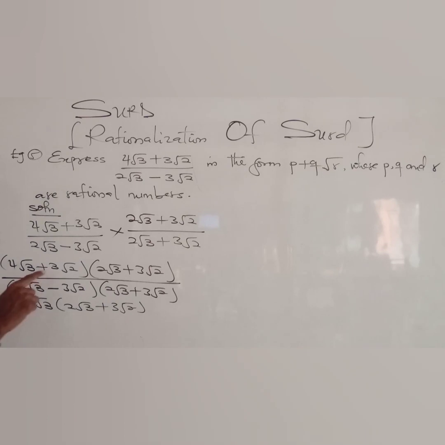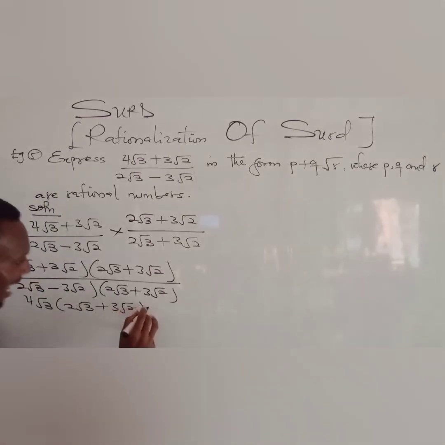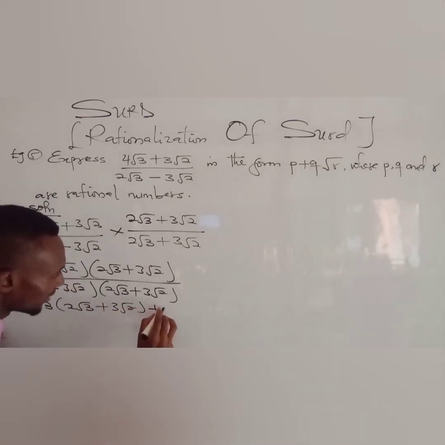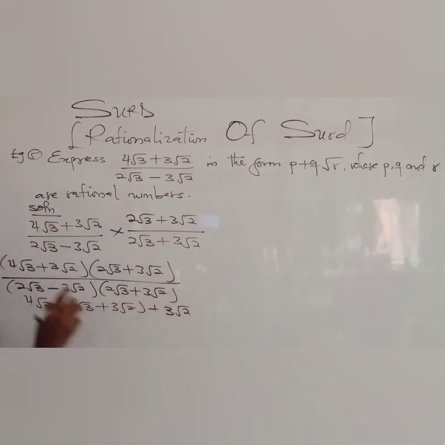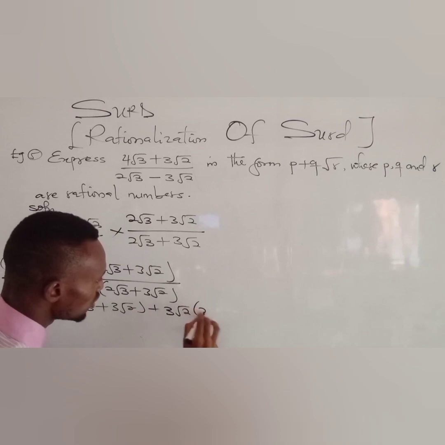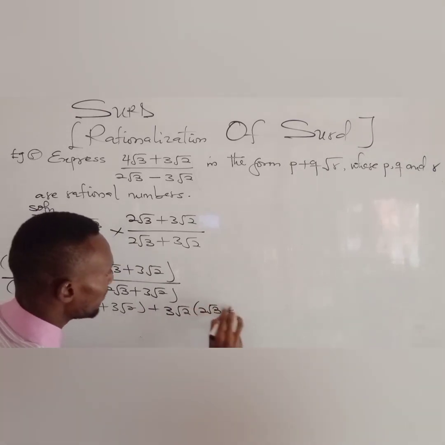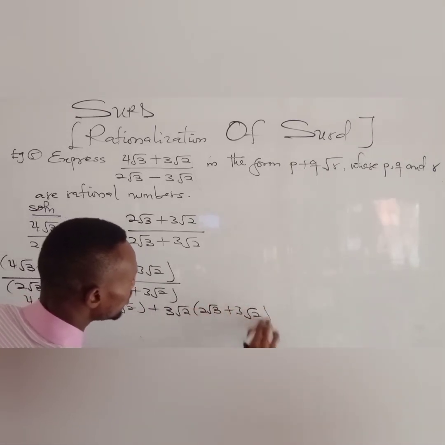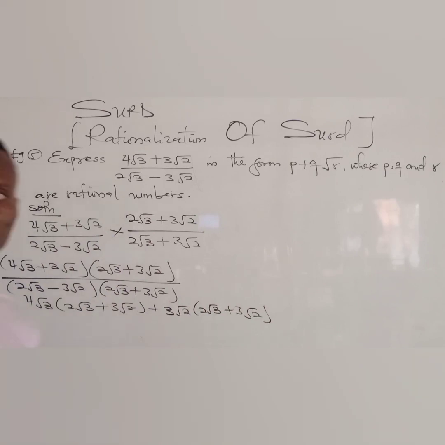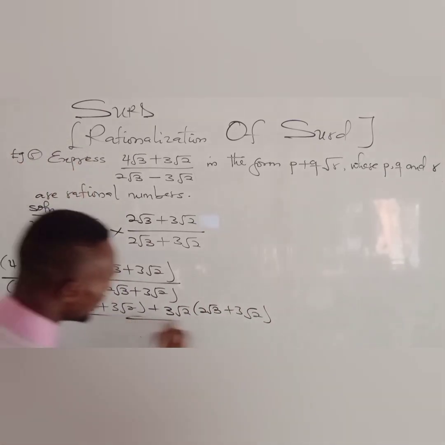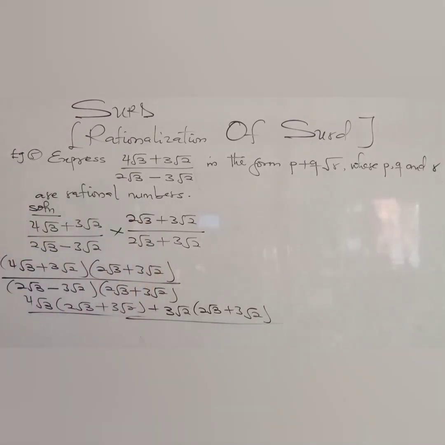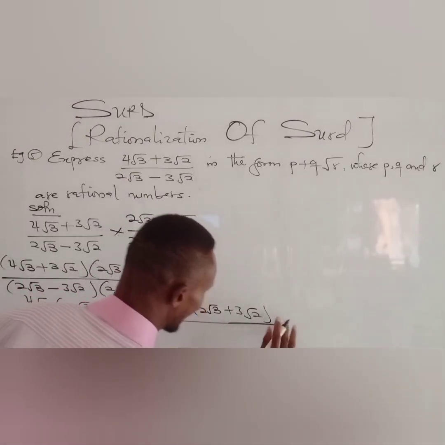Then I'll take the plus 3 root 2 also. It will also multiply the last bracket, which is 2 root 3 plus 3 root 2. I hope you understand up to this point. All over, then the denominator also, we treat it the same way.